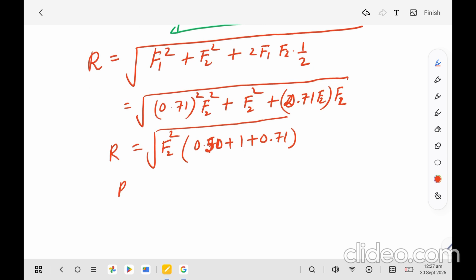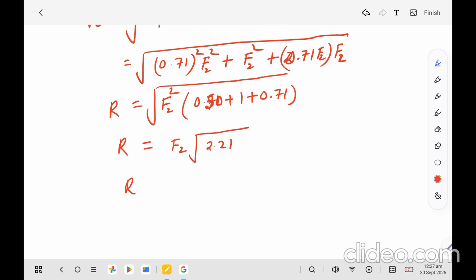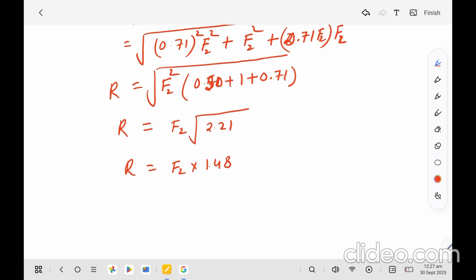Okay, so R equal to F2 root 2.21, or R is F2 into 1.48.